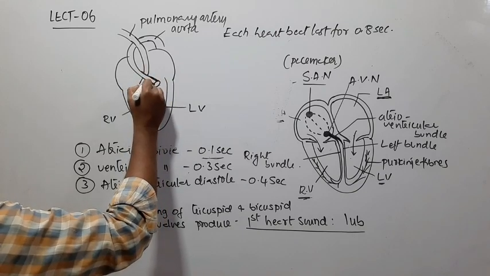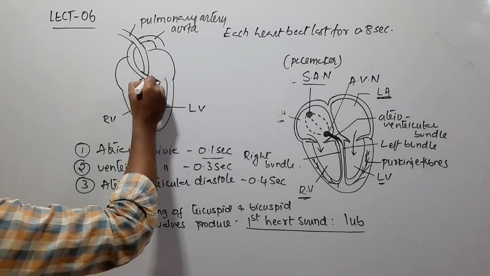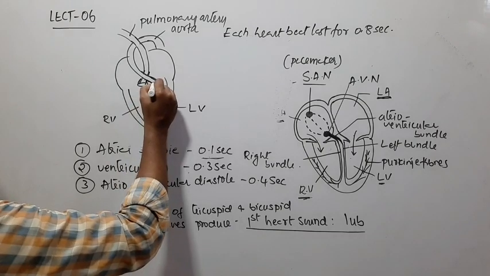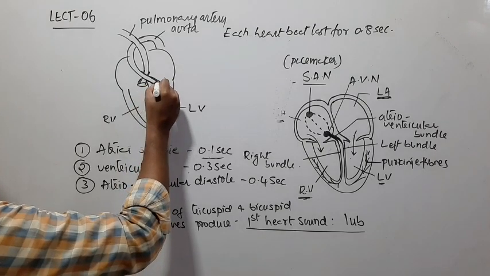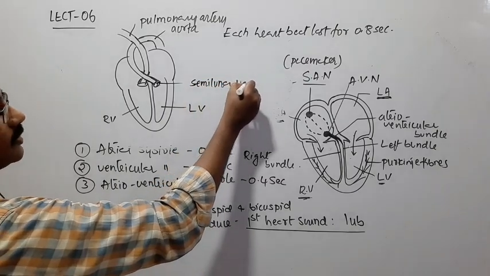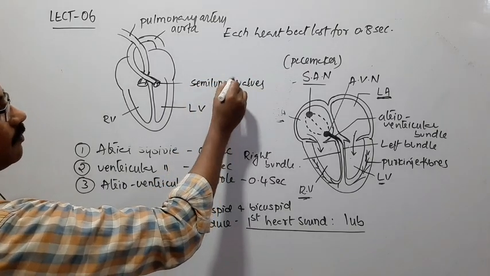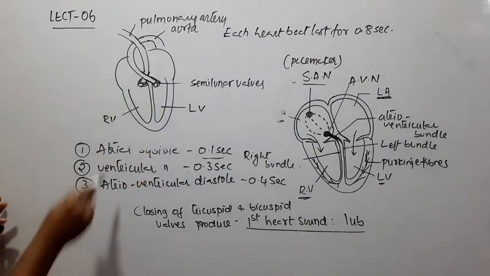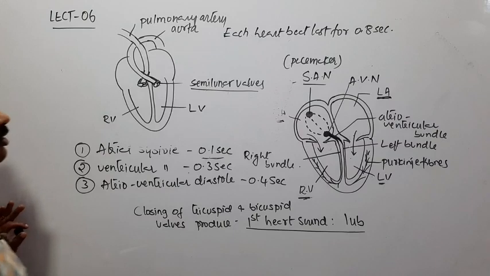Okay, right. So the openings of the pulmonary artery and the aorta are actually guarded by semilunar valves, which I have mentioned in the previous session. So the openings are guarded by these semilunar valves.